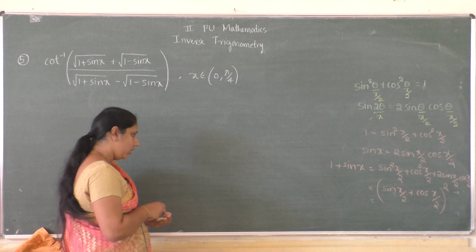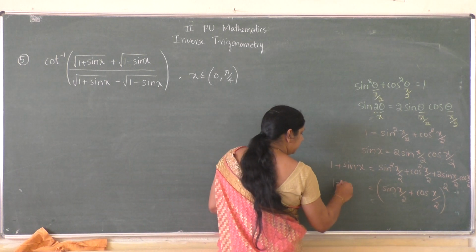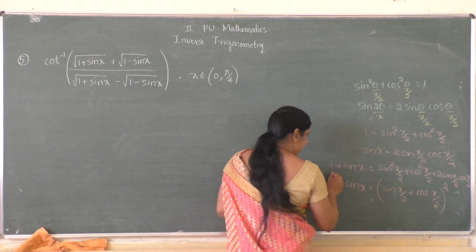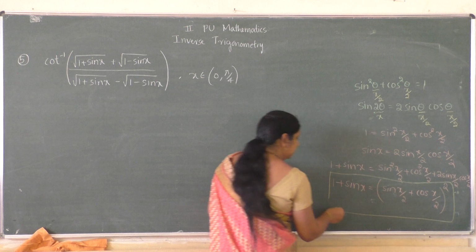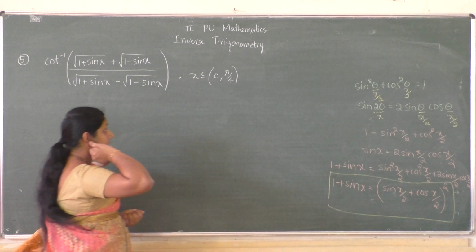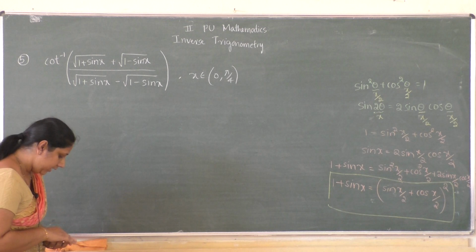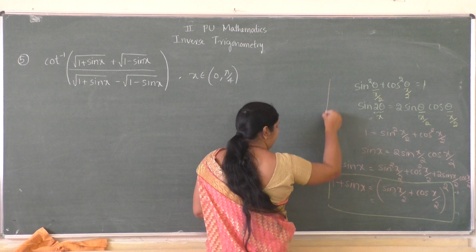So in the place of 1 plus sin x, we can write sin x by 2 plus cos x by 2 whole square.